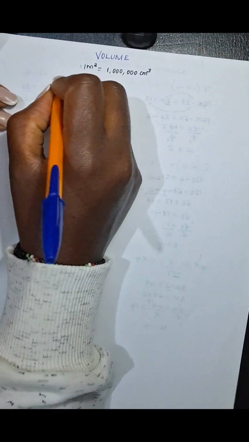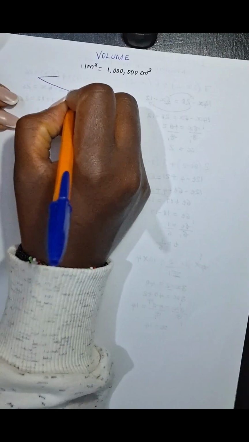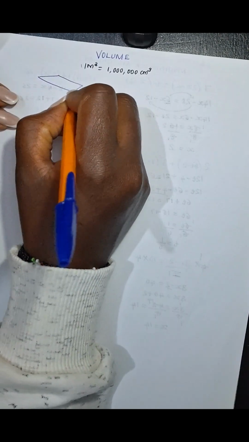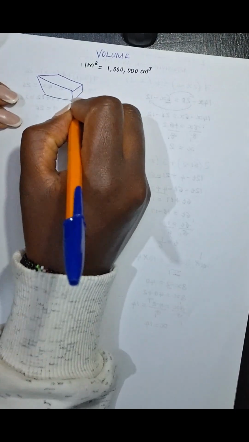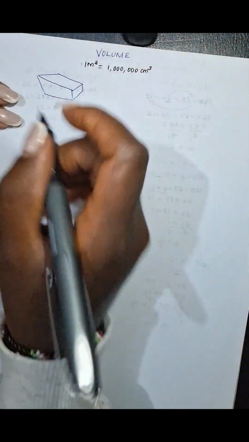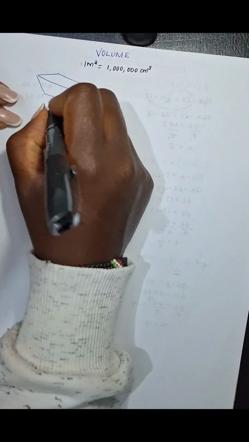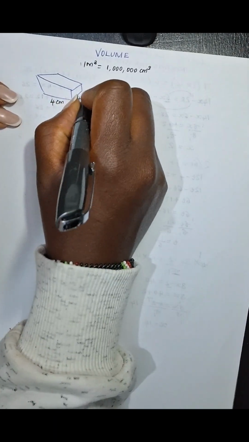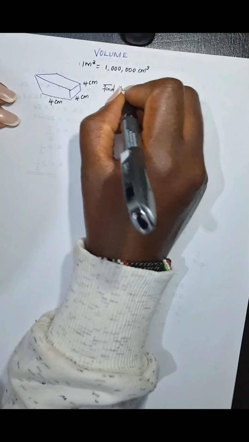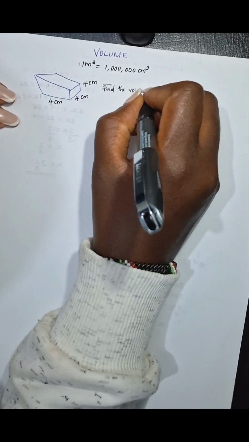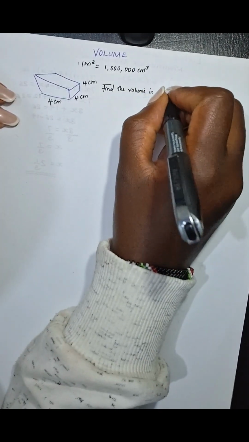let's check this cube here. Assume that I have this cube, right? This is a cuboid though, but let's just call it a cube. 4 centimeter, 4 centimeter, and 4 centimeter. Then you're supposed to find the volume in meters cubed.